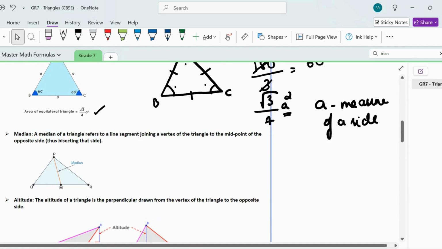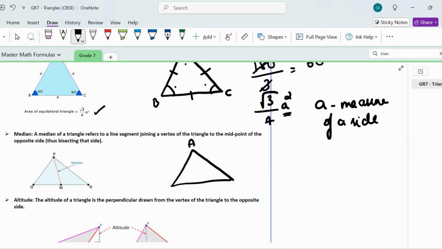Coming to median. What is a median? A median refers to the line joining one of the vertices to the midpoint of the opposite side. When you say midpoint, the point M divides the line BC into two equal halves. That is, BM is equal to MC.